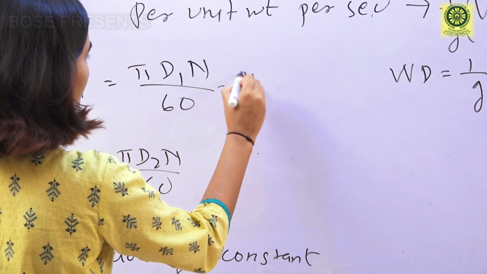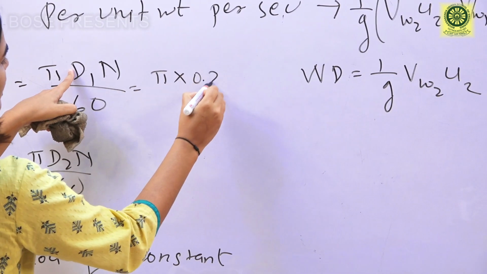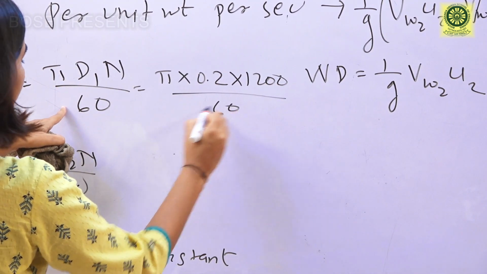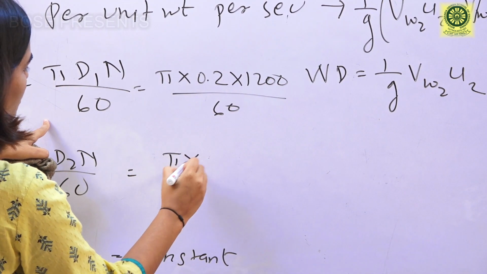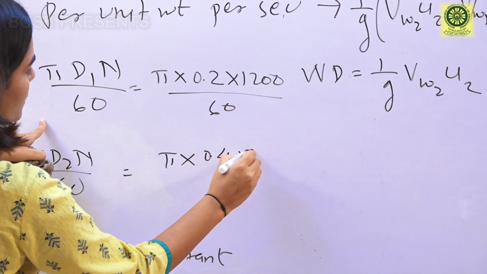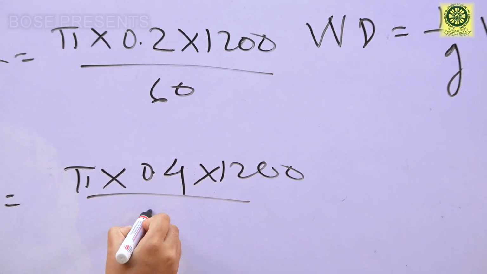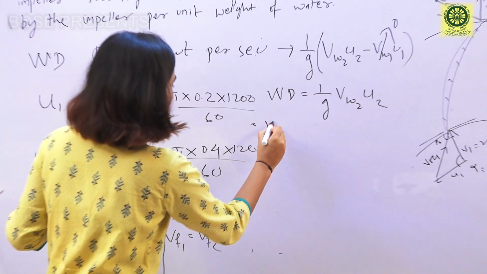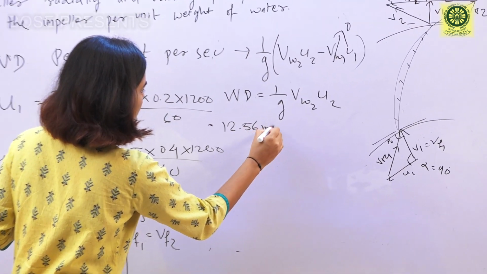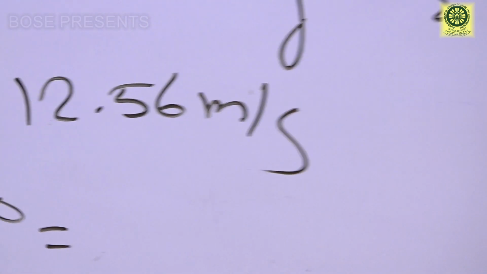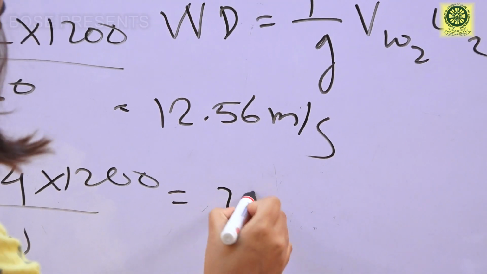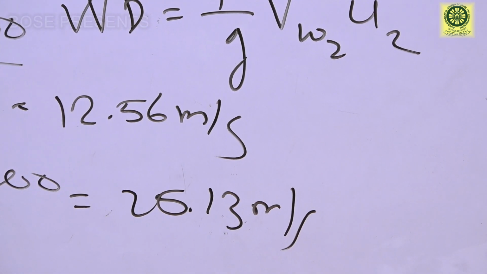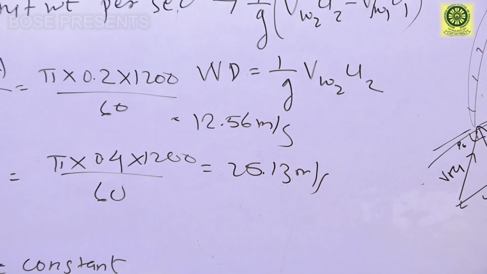So we have pi into 0.2 into 1200 by 60, and here pi into 0.4 into 1200 by 60. So these values will come out to be U1 equal to 12.56 meter per second and U2 will be 25.13 meter per second. Okay, so we've got U1 and U2.